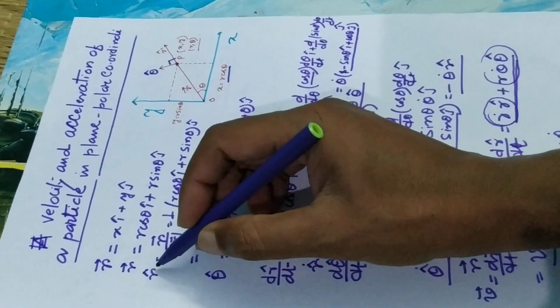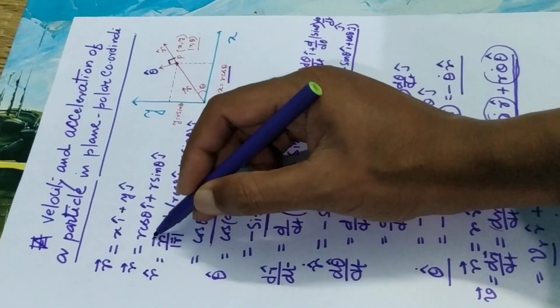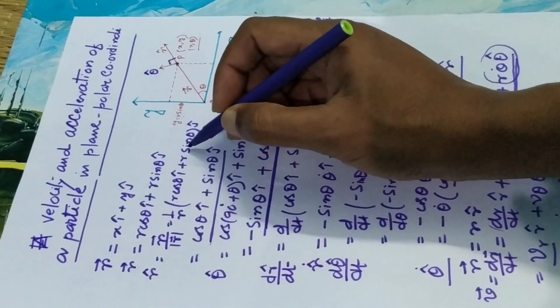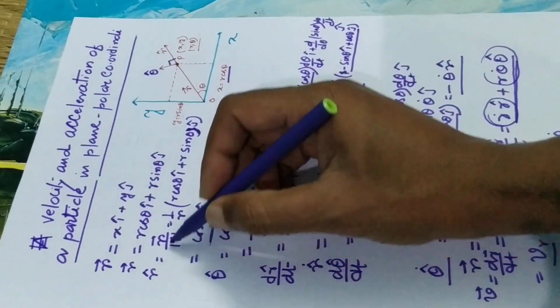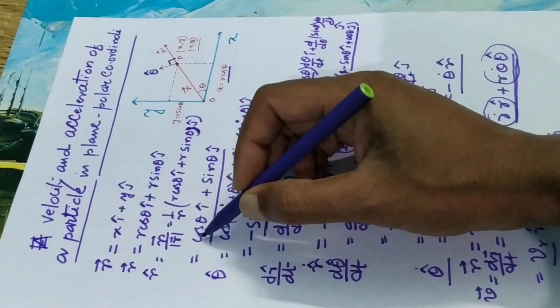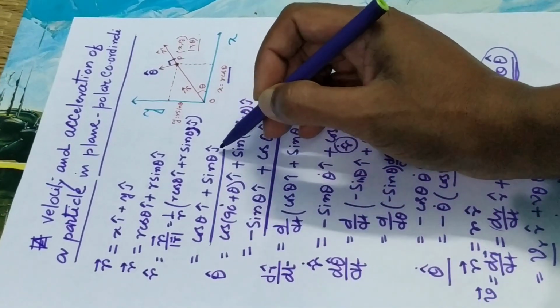So the unit vector in the direction of r is r vector by magnitude of r. So this is (r cos theta i plus r sin theta j) by r, this is the r cap unit vector, and this is equal to cos theta i plus sin theta j.